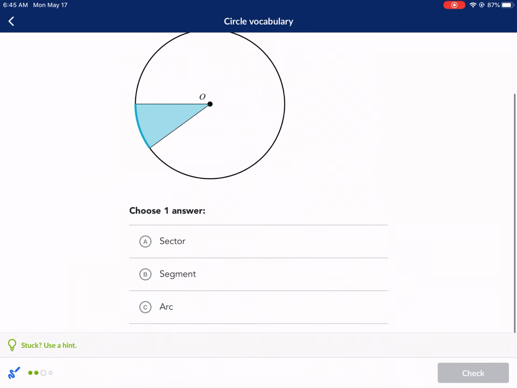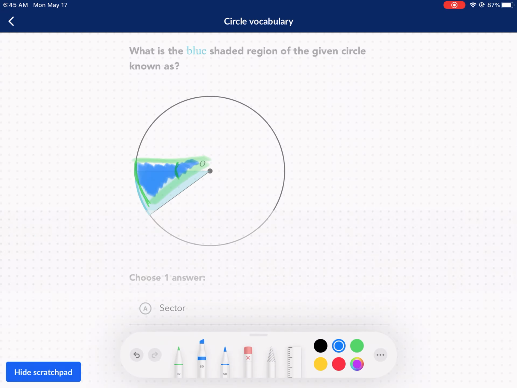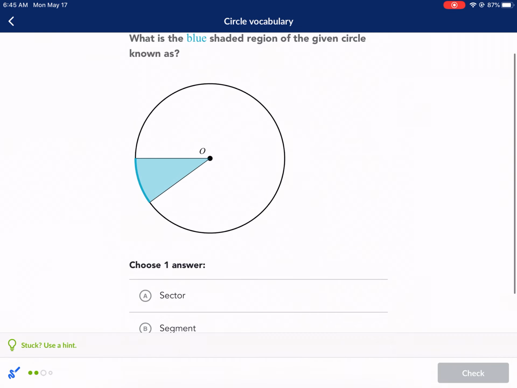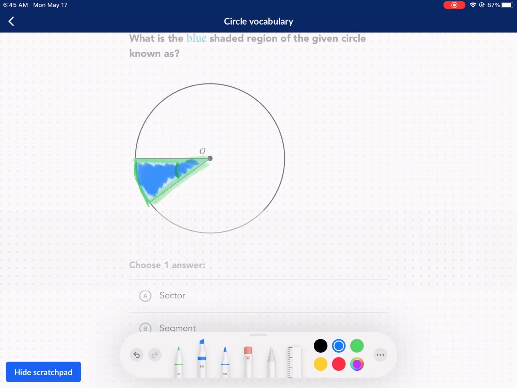Well, we have the first option, which is sector. Okay, the sector, and that's actually a sector, okay? Sector is a portion of the circle's area. This is part of the area of the circle. So the area of the circle we know is pi r squared.